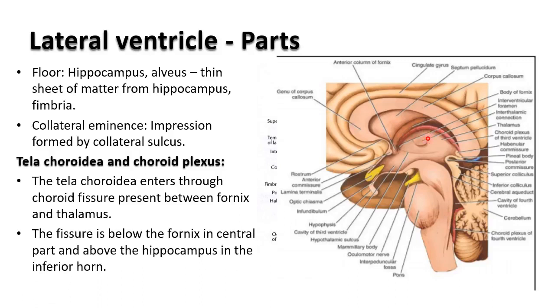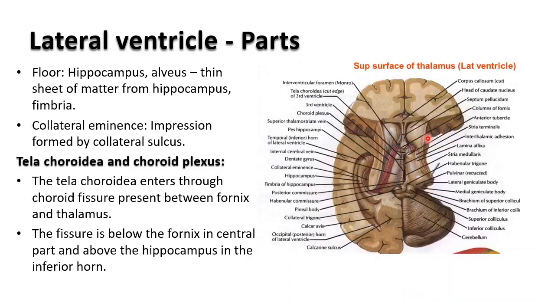The fissure is below the fornix in the central part and above the hippocampus in the inferior horn. As I told you in one of the previous pictures, in the central part it is below the fornix, near the floor, but in the inferior horn of the lateral ventricle it is nearer to the roof, that is, above the hippocampus.